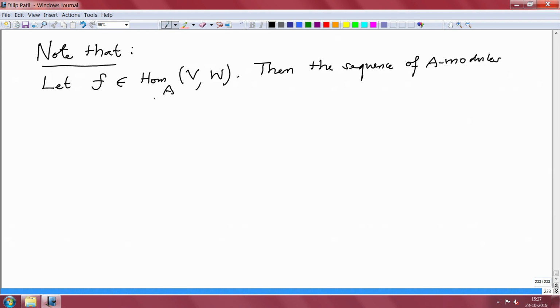Last time also we wrote one sequence, but that was not so useful. The one which I will write is much more useful. The sequence of A modules and A module homomorphisms.